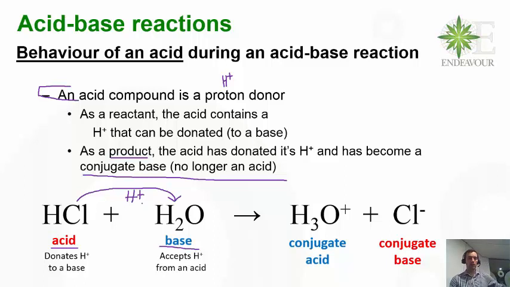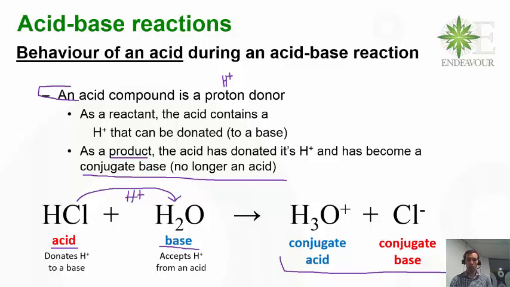So once we've had this switching of the H+ by taking the H+ off the acid and moving it onto the base, the end result is that we've now got 2 new compounds, and both of these compounds have changed. So why is it that the product compounds are different from the reactant compounds? Basically, it's because the H+ has moved position. So it's been taken off the HCl and moved onto the H2O.